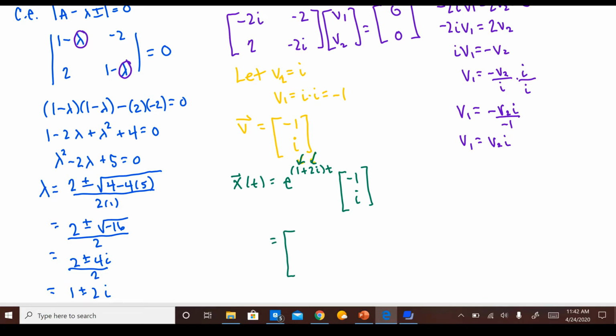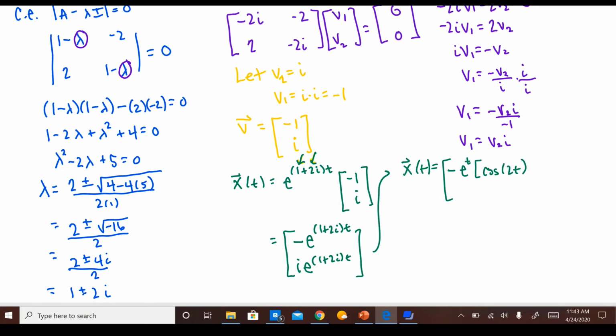So we have negative e to the 1 plus 2i times t, and i e to the 1 plus 2i times t. We can expand both of those according to Euler's formula. We have to make sure and distribute this negative out here: e to the t times cosine of 2t plus i sine of 2t. And for the second one, we're going to have i times e to the t, cosine of 2t plus i sine of 2t.